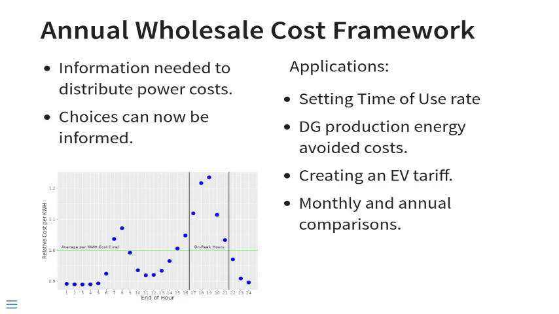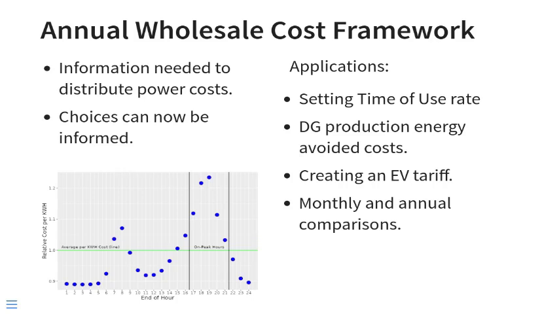When you have this graph that tells you what the price of a kilowatt hour is, that takes into account both the energy and the demand, you can start to do things with it. It gives you the information needed to distribute power costs by the hour. It gives you the information needed so that you can make choices which can be informed. I have 4 applications here.